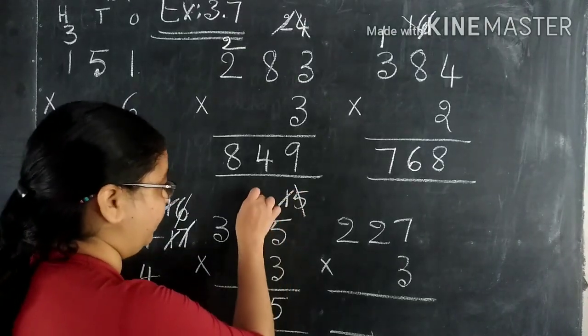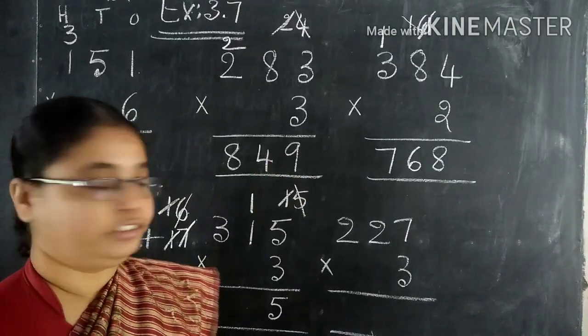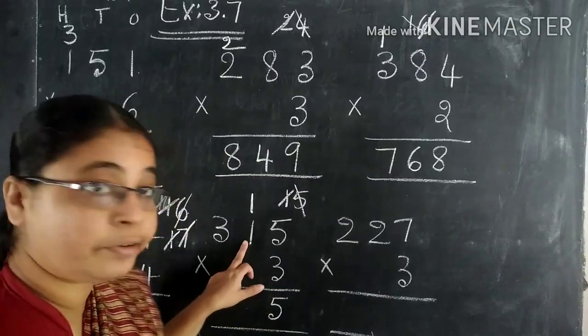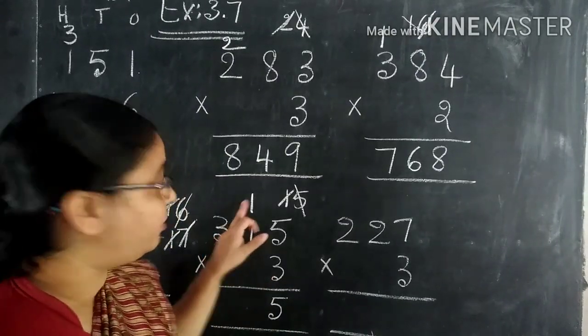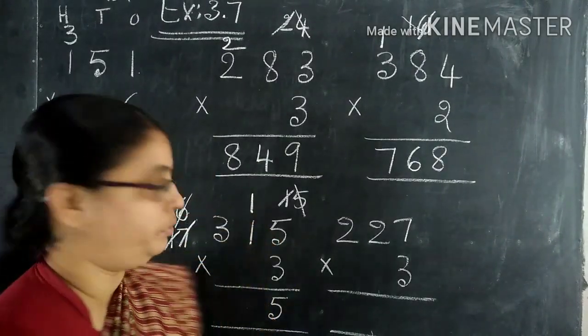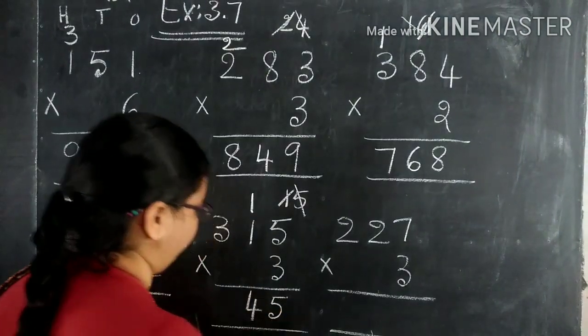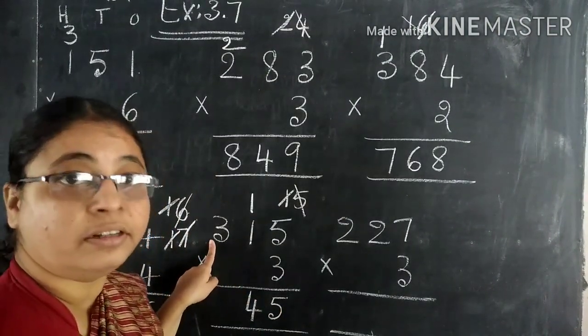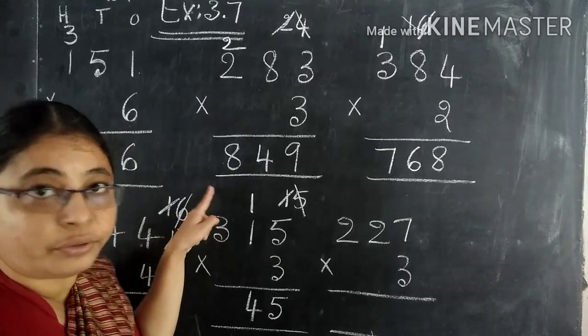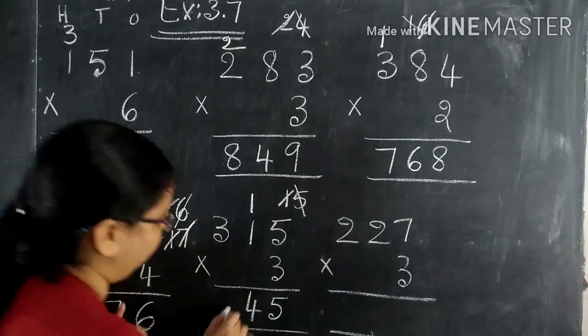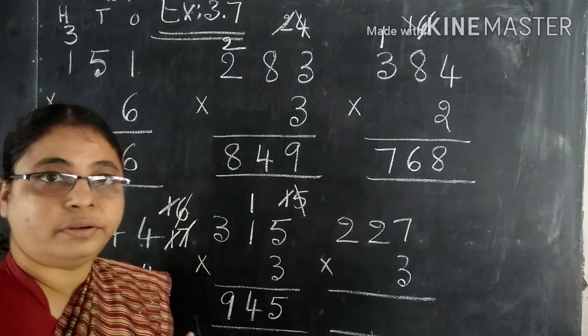Very good. We will carry it to the next place. Finish. Now again, 3 1s are 3. Here 1 is there. 3 plus 1, 4. Okay. Now 3 3s are 9. Nothing is there, no? No need to add.